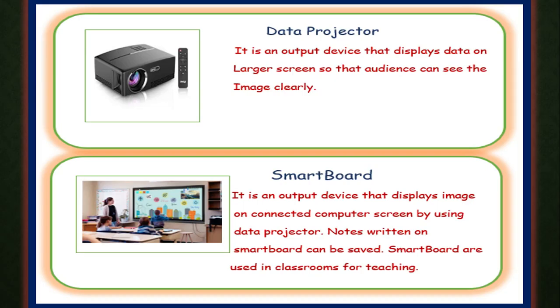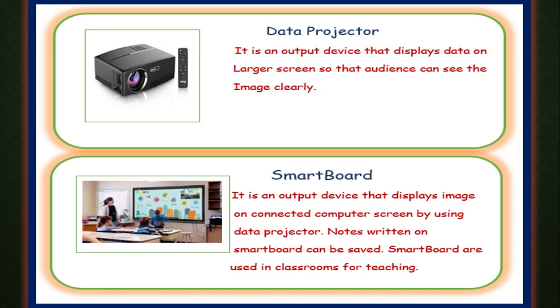Next is a data projector. It is an output device that displays data on a large screen so that the audience can see the image clearly. You have seen the data projector in our computer lab.